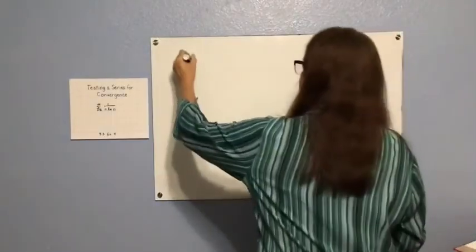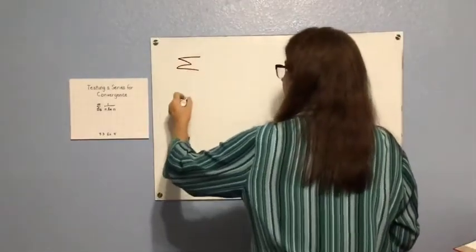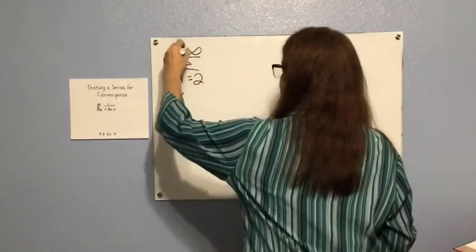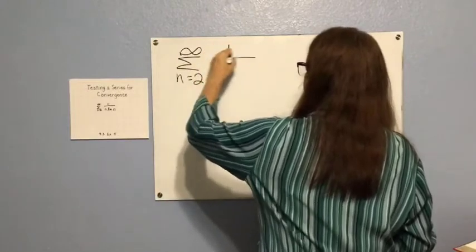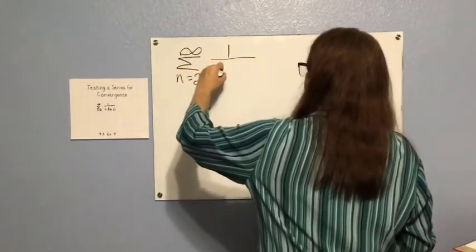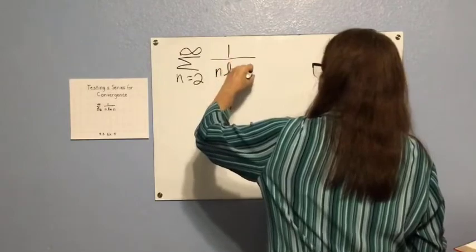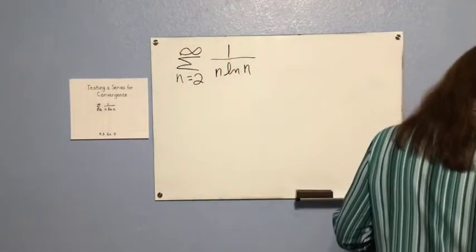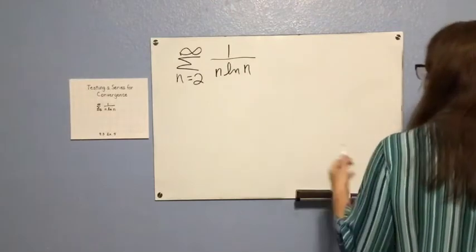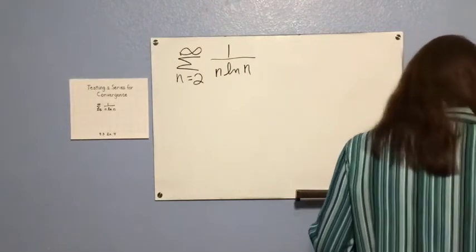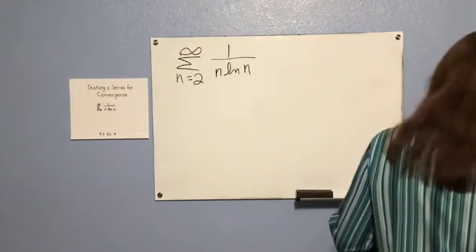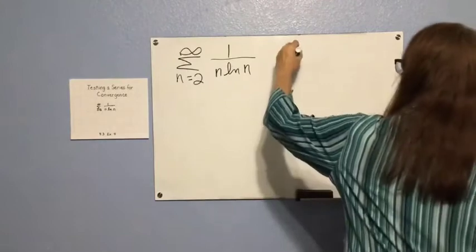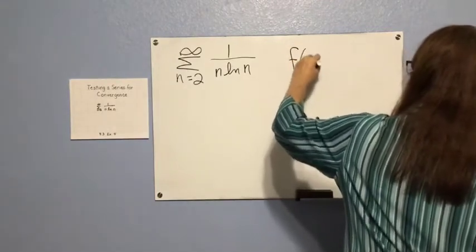Okay, let's test another series for convergence. Okay, this is similar to the harmonic series. Okay, if the terms were greater than the harmonic series, then we would expect it to diverge, but they aren't. So let's look at our associated function.